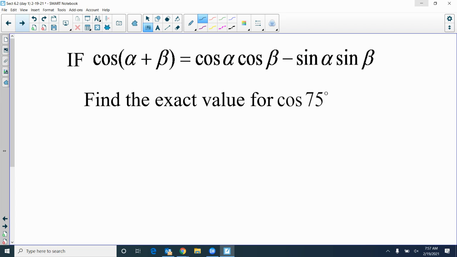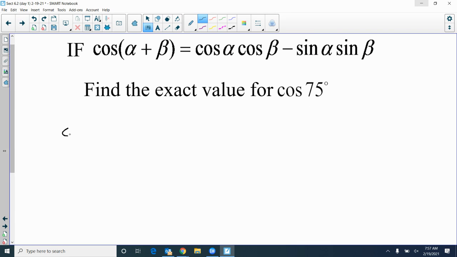So I'm going to tell you that's the formula. I've got to come up with two angles whose cosines I know that add up to 75. What two angles add up to 75 that we already know their cosine? 45 and 30. So I'm going to flip it and do the 30 first.